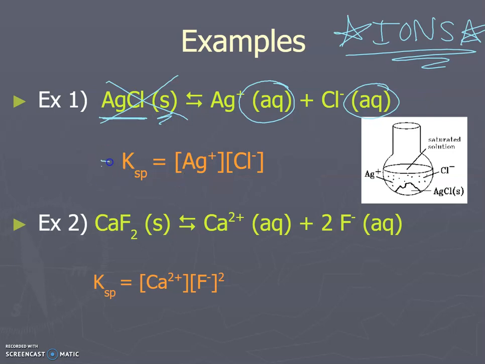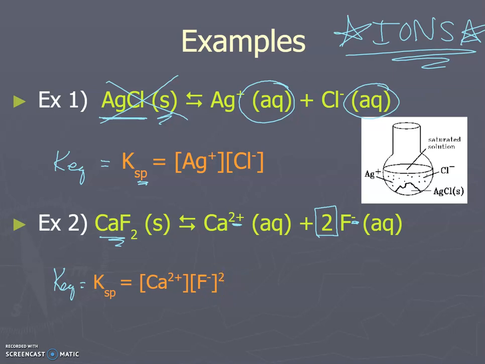So the KEQ, or now, because we're talking about solubility specifically, the KSP, is going to be the product of the two ions in the solution. If you have something like CaF2, which is a solid, remember, calcium is a 2 plus, F is a 1 minus, so you are going to have two fluoride ions in there. So the KSP expression is going to be the concentration of Ca2 plus times the concentration of F minus squared.